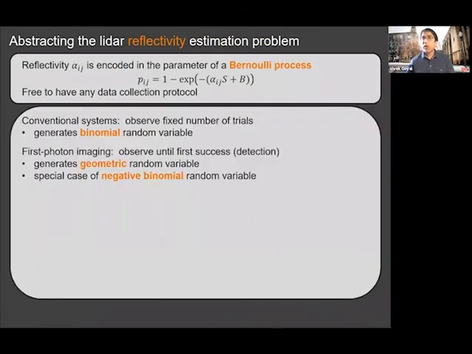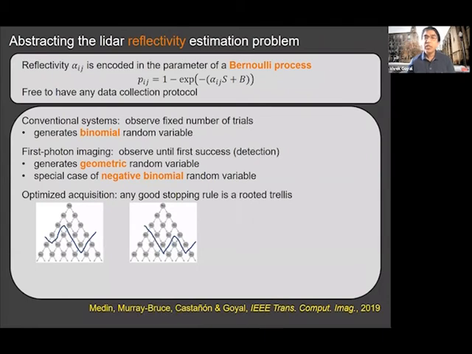We have some other work which shows how to adapt the data acquisition. Instead of going to this extreme of saying, I'm going to continue my data collection until I have exactly one click, you can adapt the dwell time in a more interesting way and get some improvements from that.